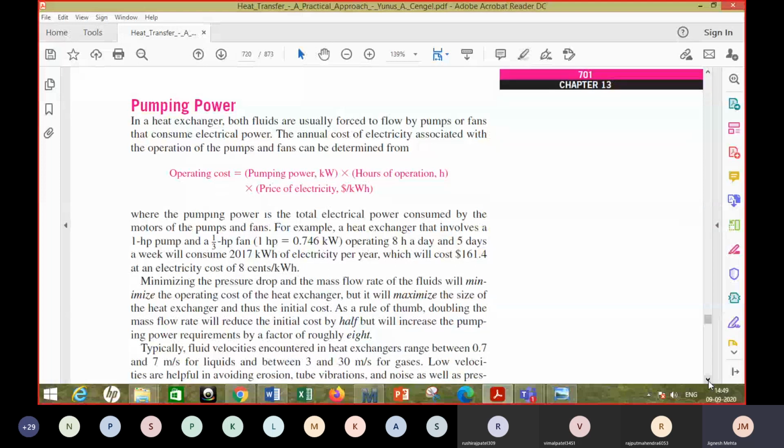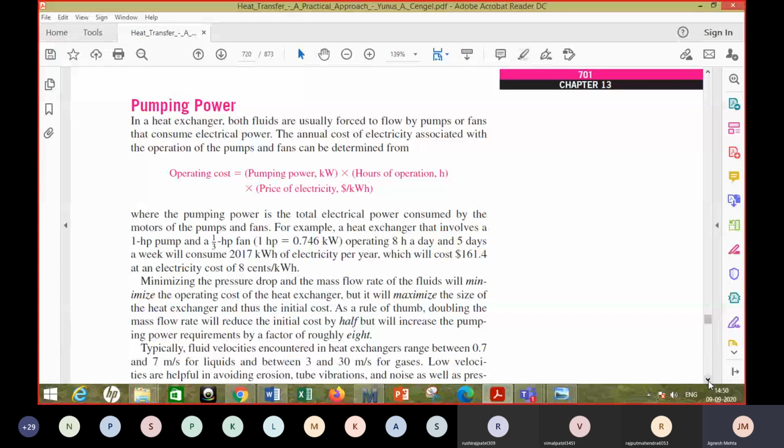Then the pumping power, right? So anybody would tell that yes, higher heat transfer rate is what one would like to achieve, but many times high heat transfer rate comes with high pressure drop, right? So a very simple explanation can be that if you increase the Reynolds number, then generally the heat transfer coefficient, or Nusselt number, is a function of Reynolds number and some exponent of Reynolds number, right?